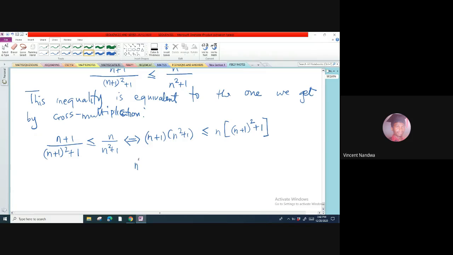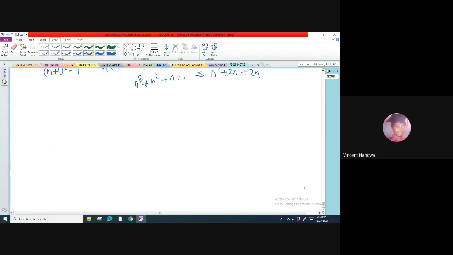So when you open, we have n cubed plus n squared plus n plus 1 less than or equal to n cubed plus 2n squared plus 2n. Now, in simplifying, this becomes 1 is less than or equal to n squared plus n.